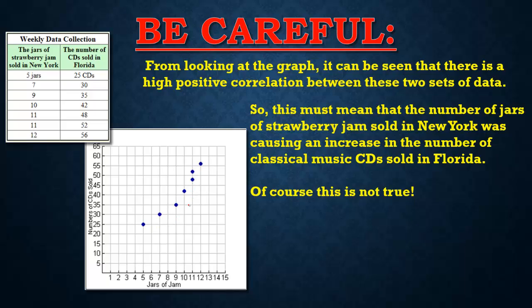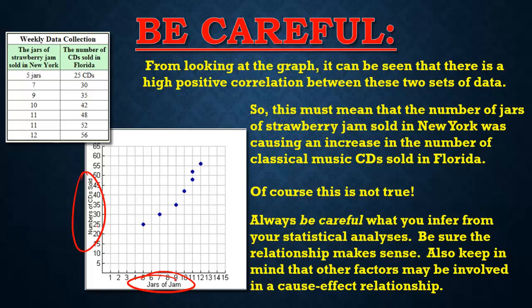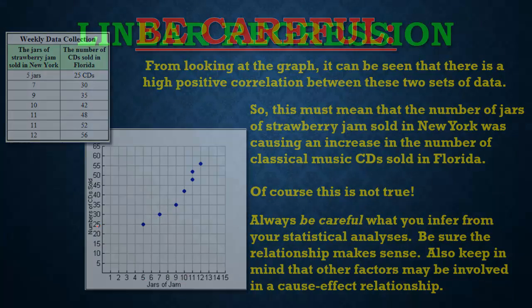I don't think so. So again, be careful as to what these are labeled as. If it's something that doesn't make sense that they would be related, there might still be a correlation, but we'll get into that in more detail. Correlation doesn't necessarily mean that they're related. So be careful what you can infer from that.